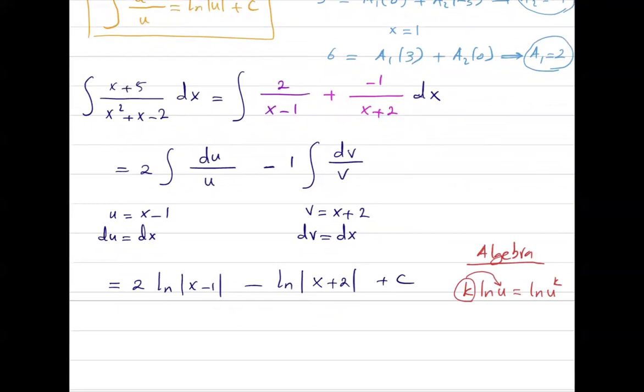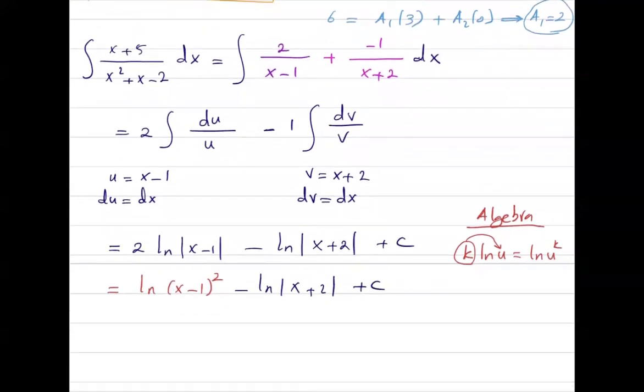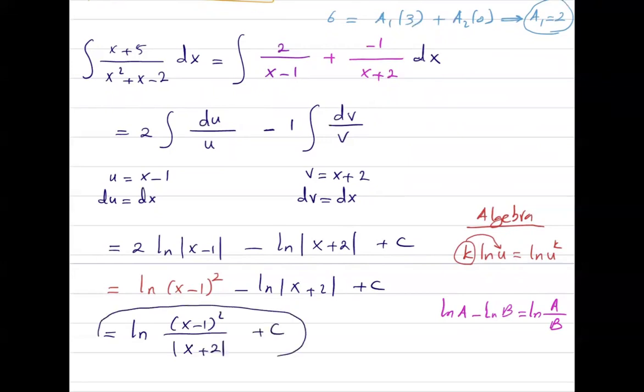So we can write the first quantity as ln of absolute value of x minus 1 to power 2 minus, let's copy down the second ln. So now we have subtraction between two ln's. Again, from algebra, remember that if you have ln of a minus ln of b, this is basically ln of a divided by b. So this can be written as ln of the absolute value of x minus 1 to power 2 divided by absolute value of x plus 2 plus constant of integration.